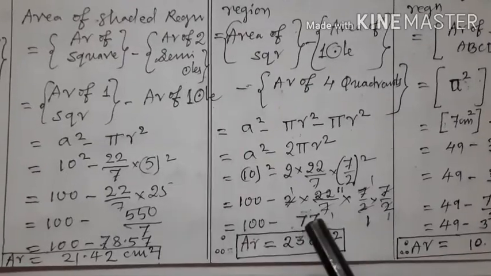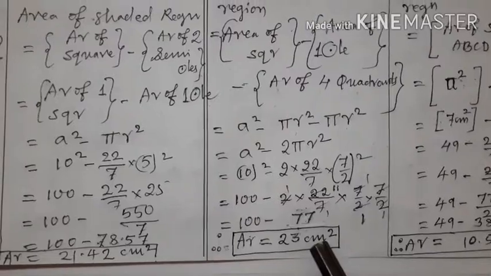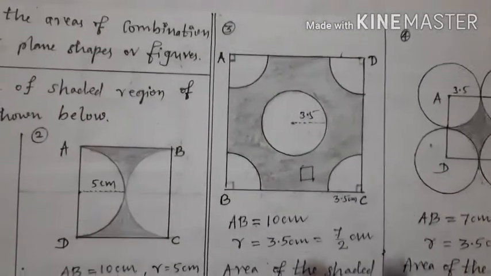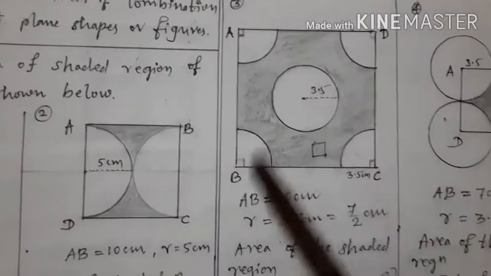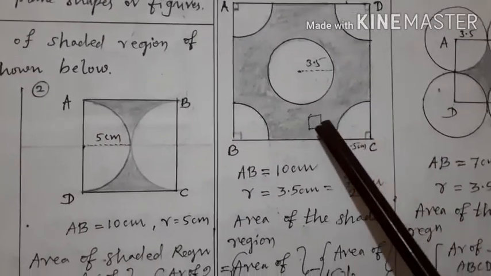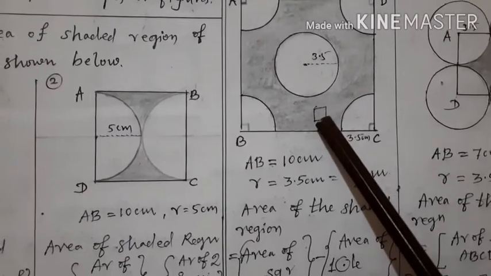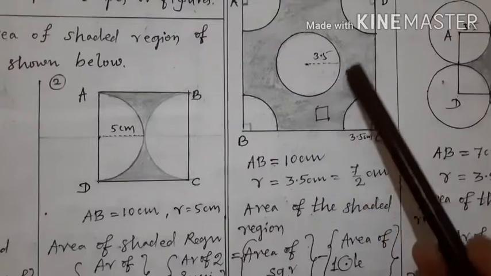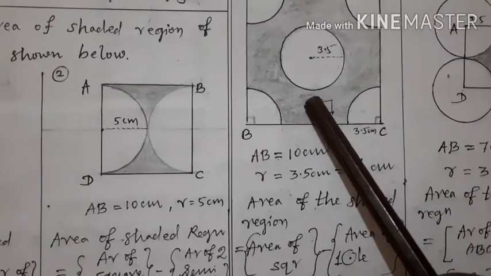So, 100 minus 77 is 23 centimeter square. So, the area of this shaded region is 23 centimeter square. Like this, we can place 23 one-centimeter squares inside this shaded region.